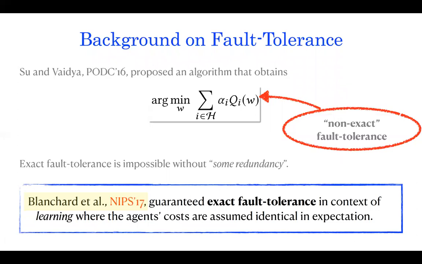Now, in 2017, a group from EPFL, Blanchard and colleagues, showed that in the case of the homogeneous distributed learning problem, you can actually compute the exact fault tolerance because the agents' cost functions are identical in expectation, and therefore there's just too much redundancy in the system, and it should be possible even if the agents are sending stochastic information about their cost functions to solve the exact fault tolerance problem.